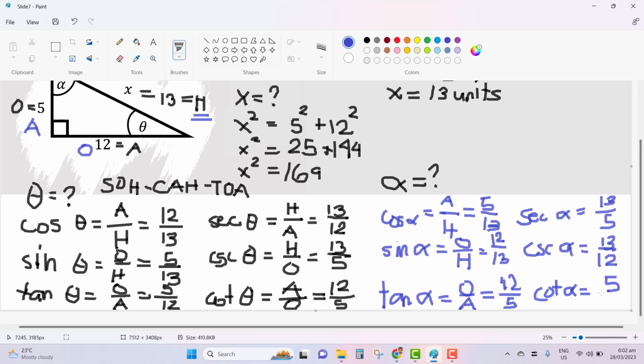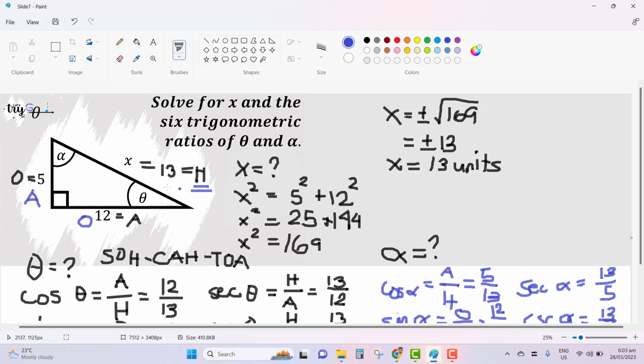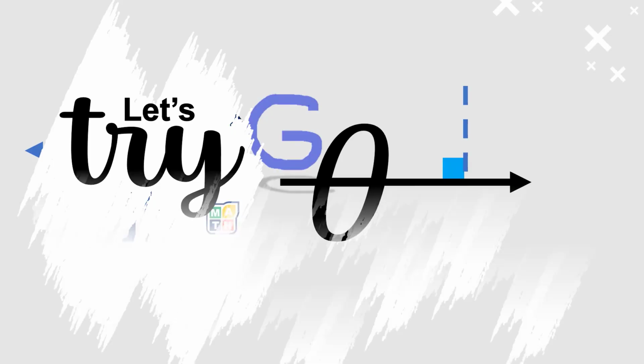This becomes 5 over 12. So these are the 6 trigonometric ratios for alpha, and earlier the 6 trigonometric ratios for theta, after finding the exact value for the remaining side of this given triangle.